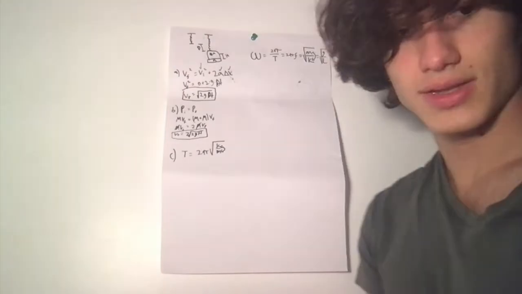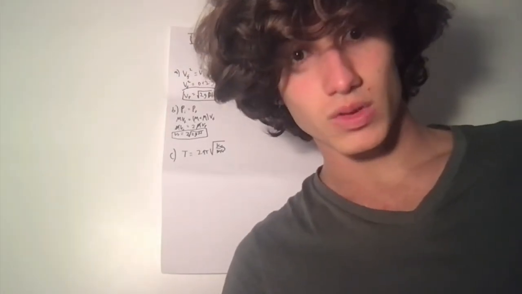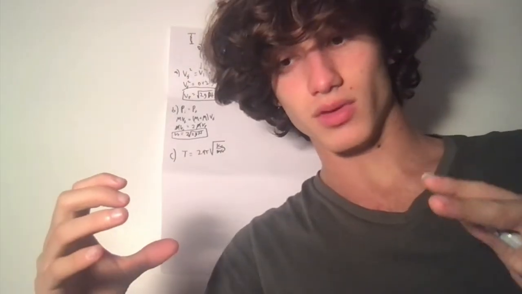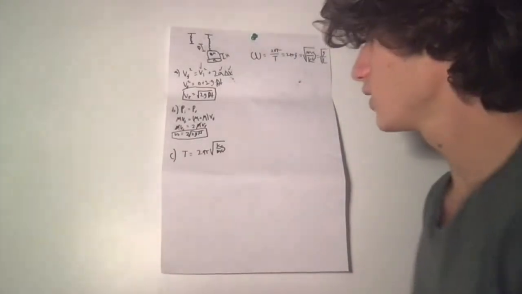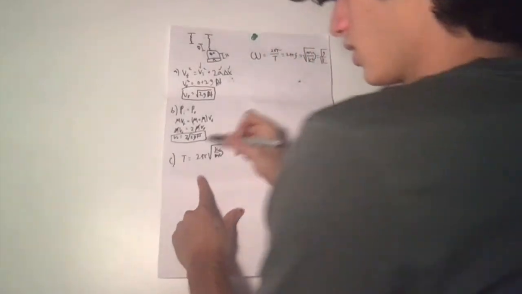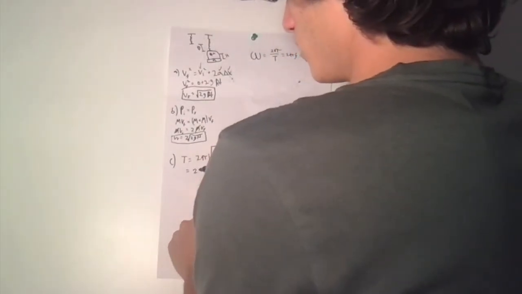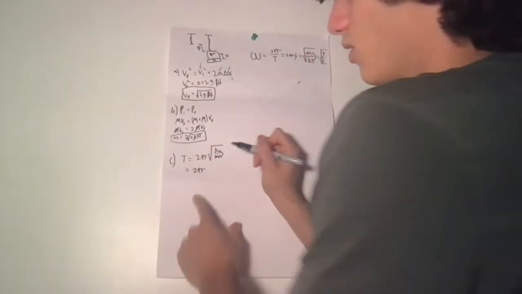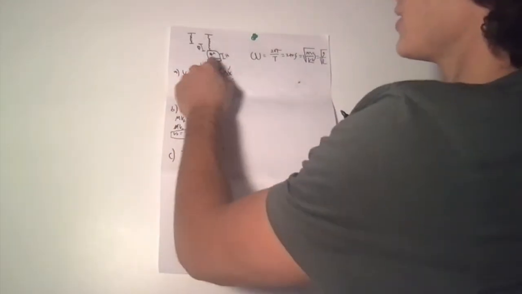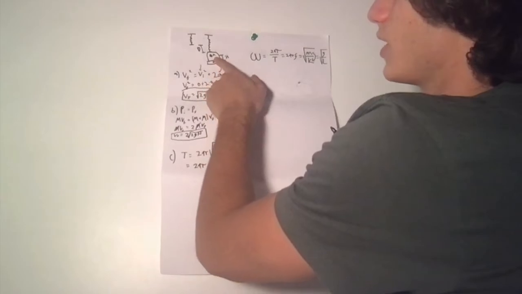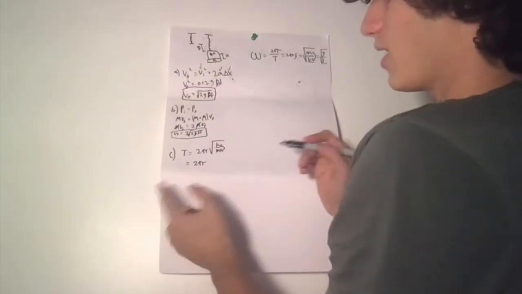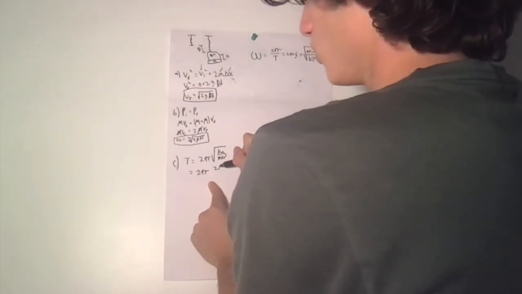All right, next up. So let's start to put in our variables and numbers here. It's equal to 2 pi times, what is m? Oh, well, we know what m is. M is big M from the clay ball plus big M from the pan, so that's just 2M.